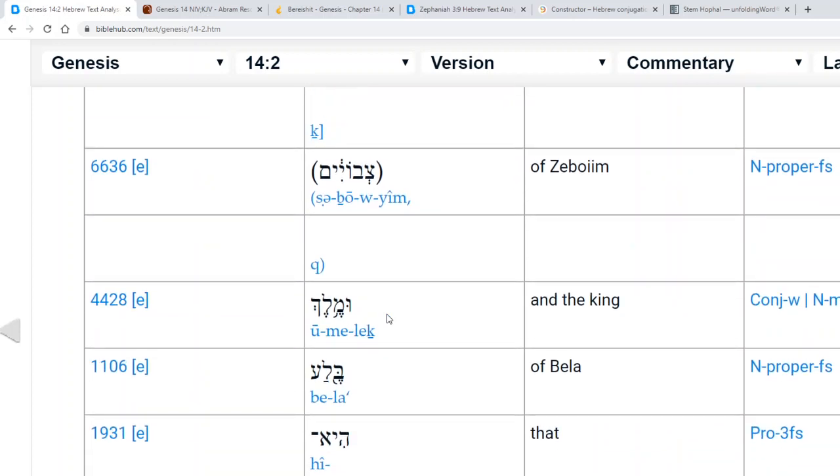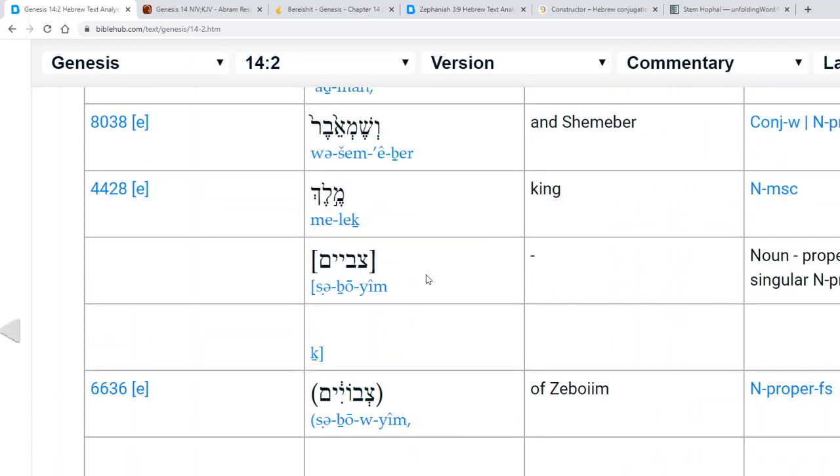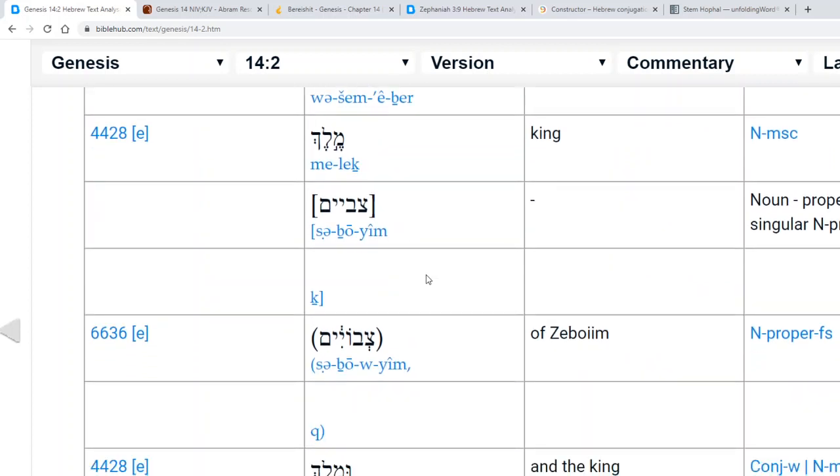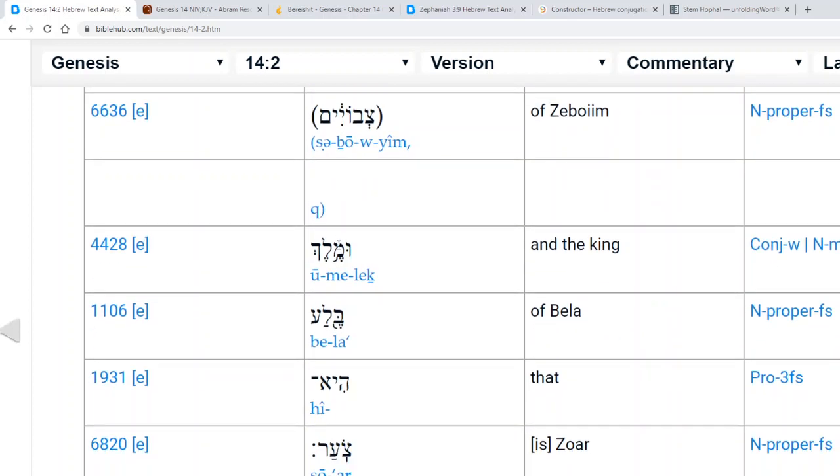But, or you could say, okay, you can translate this two ways. You can say that Shem Ever was the king of Tzivoim, and the conjunctive king of Bela, he Tzor.